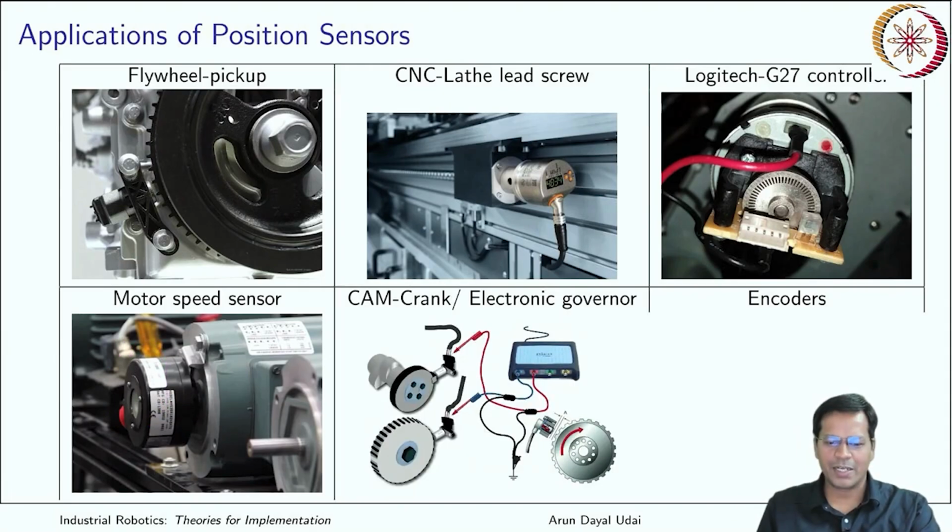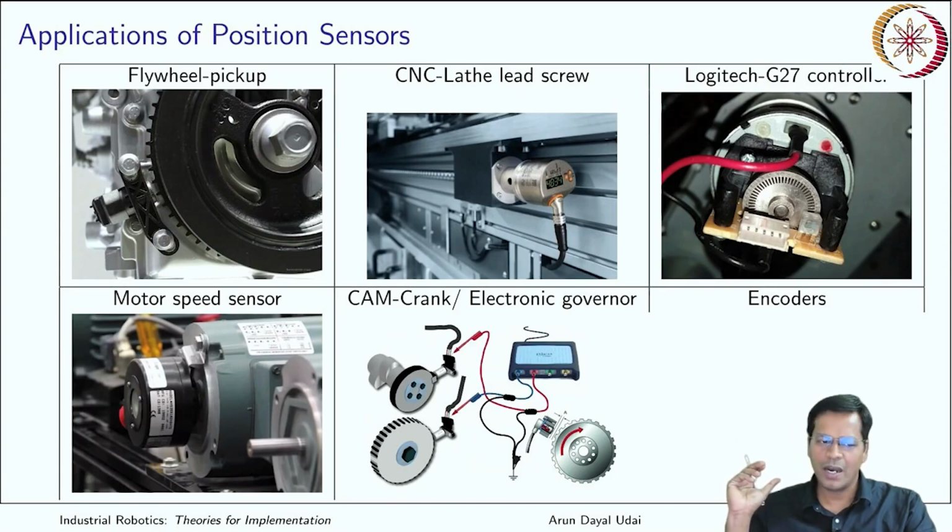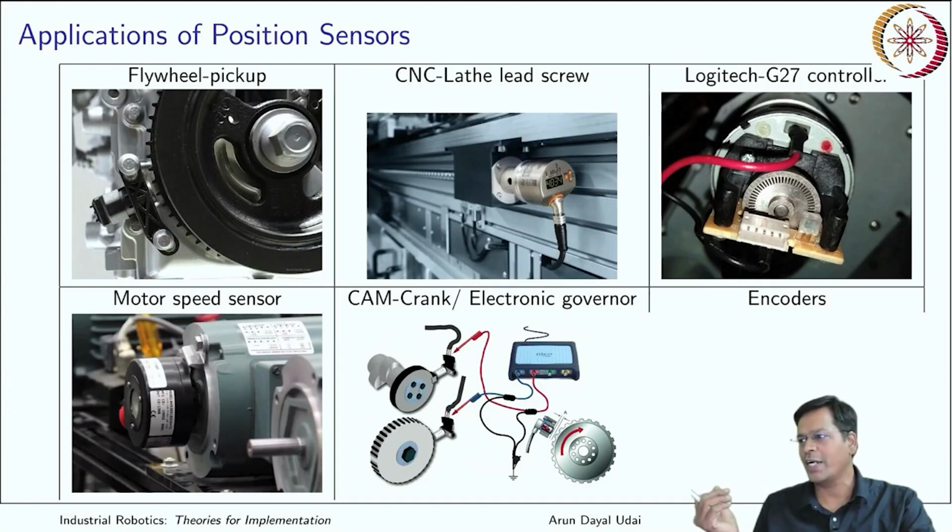And what is this? This is a cam crank electronic governor system. Electronic governor basically is used in alternators or generators which generate electricity for you, because you have to maintain constant speed of your shaft to maintain, let's say, 50 hertz frequency of your output. So let's say you have to maintain 720 RPM for that.